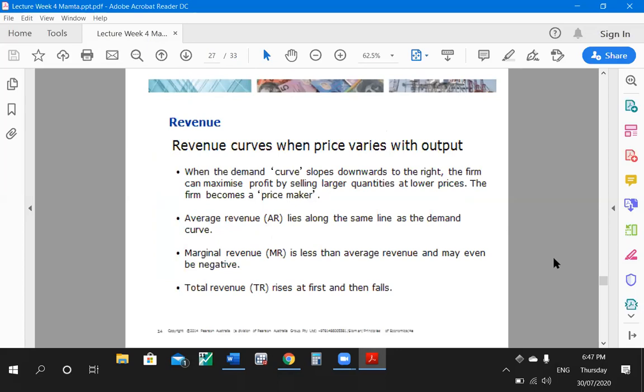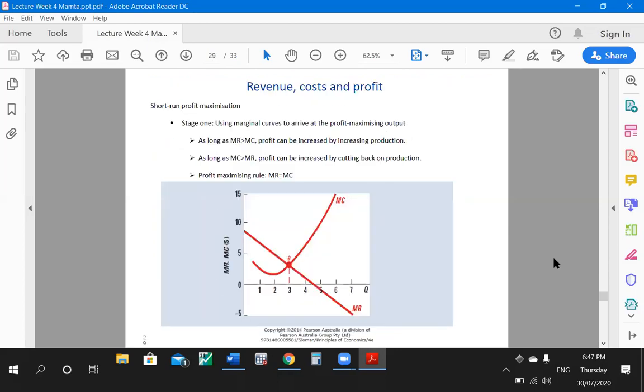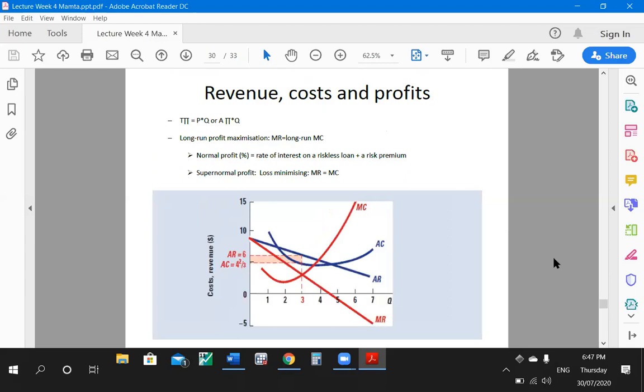Revenue curve when price varies with the output. It's an interesting one. When the price increases, price is $6 in here. What is your revenue? Here is 6, and they're selling 3 quantities.